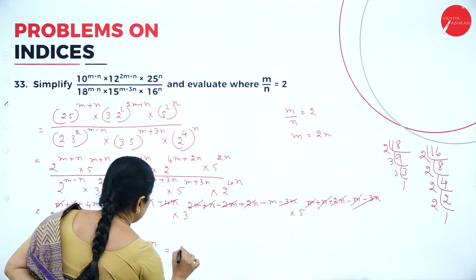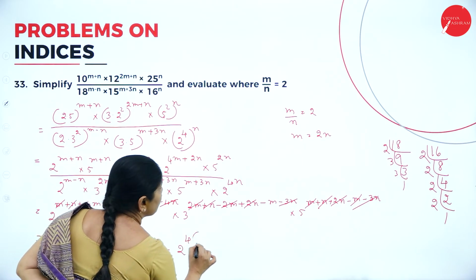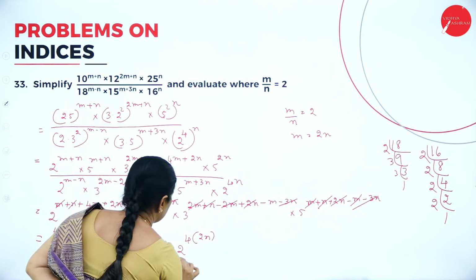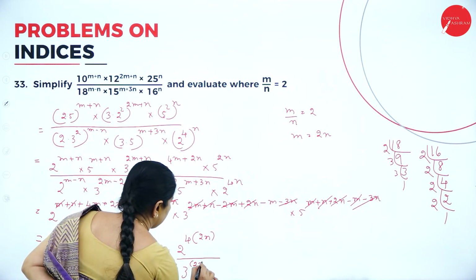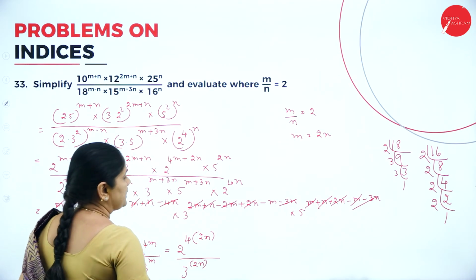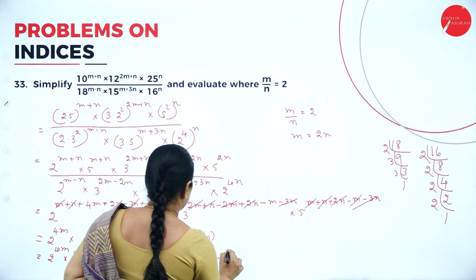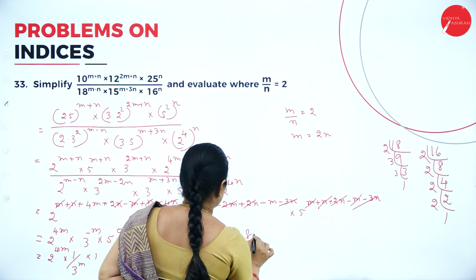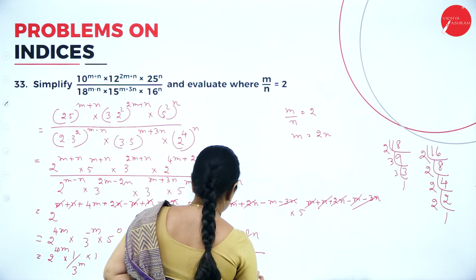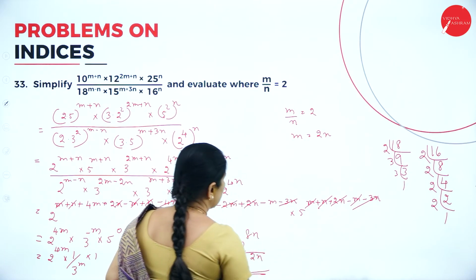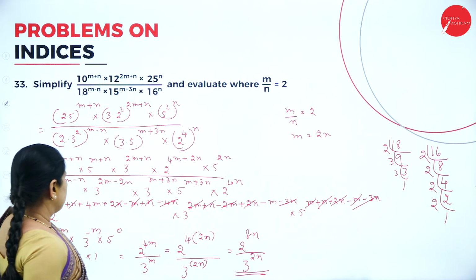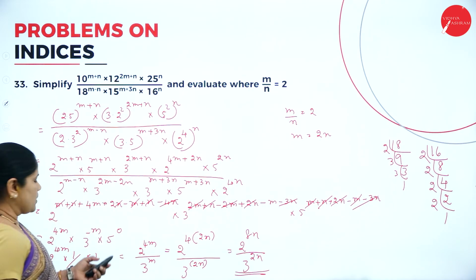This will be 2 to the power of 4 into 2n whole over 3 to the power of 2n. Instead of writing m, I am writing 2n. So this will be equal to 2 to the power of 8n divided by 3 to the power of 2n. So this is the answer. We should simplify it in this way.